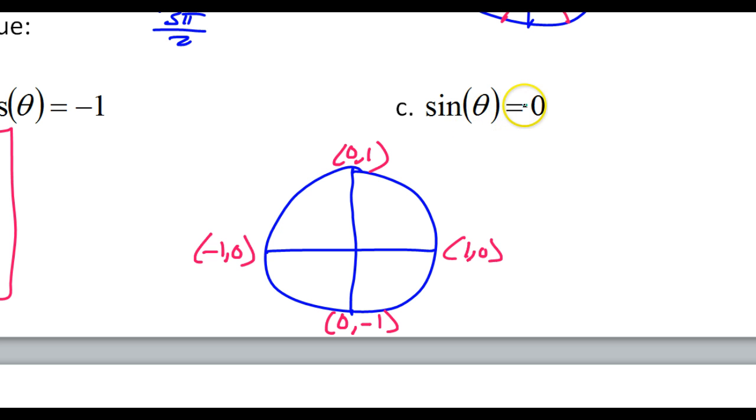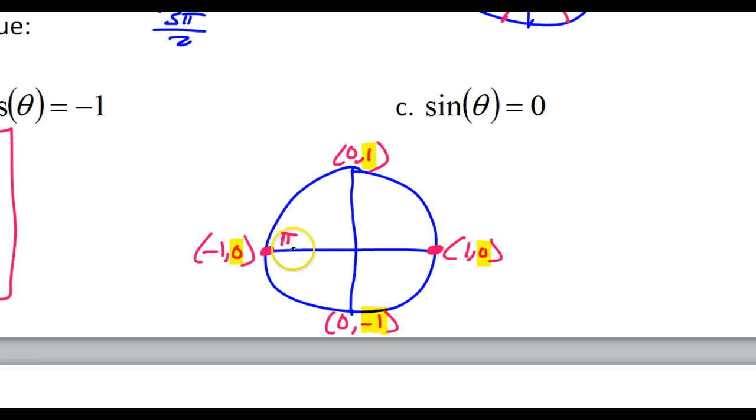Now the sine function is a y value on the unit circle, so we're talking about this and this and this and this. Those are the y values. But we want to know where sine is 0. So sine is 0 here and here, right here at 0 and then at pi.